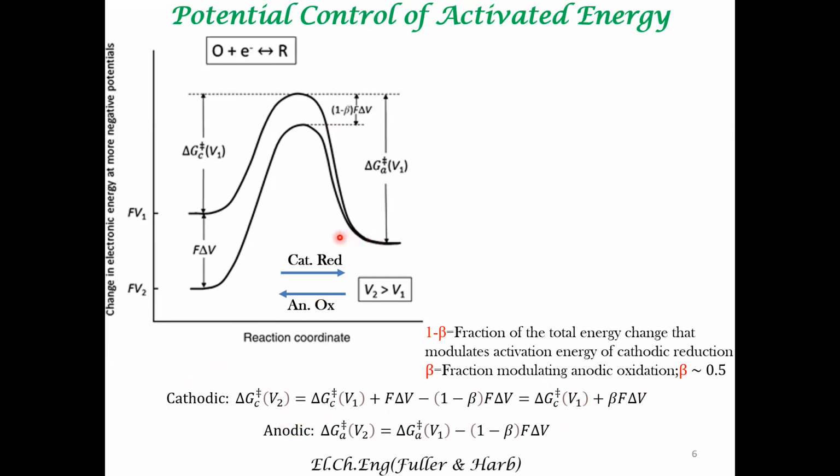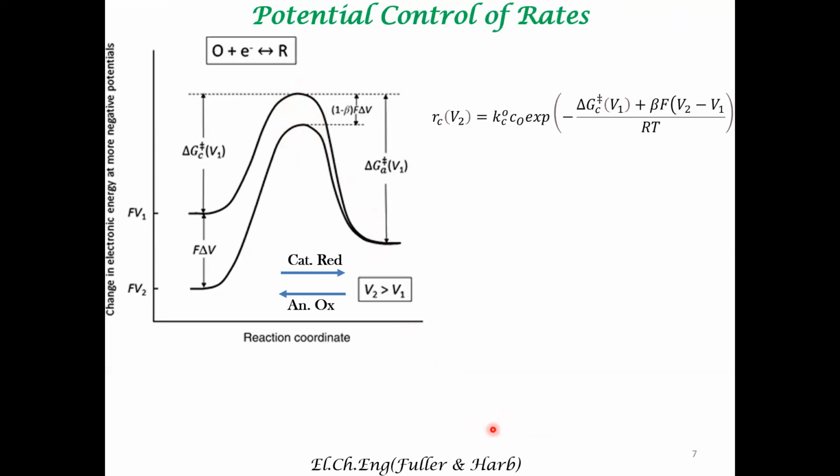Here, there is only one change, only the change in the energy of the activated state, because this state doesn't couple to change in electrode potential. We can change the activation barrier relevant to the anodic reaction by just incorporating this change. That's what we have done here.